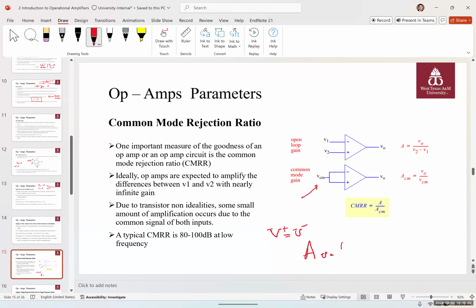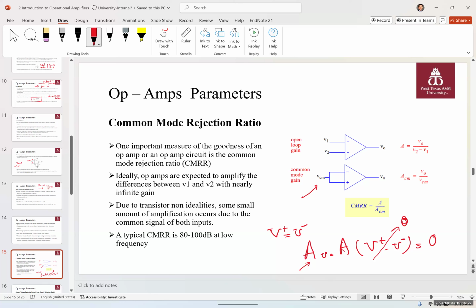Therefore, the output is A V, the gain, times V positive minus V negative, and when these two are equal, this would be 0. Therefore, the output would be 0. But since the practical op amp is not ideal, you're going to have a small difference between V positive and V negative. Therefore, you're going to have a little bit of gain.